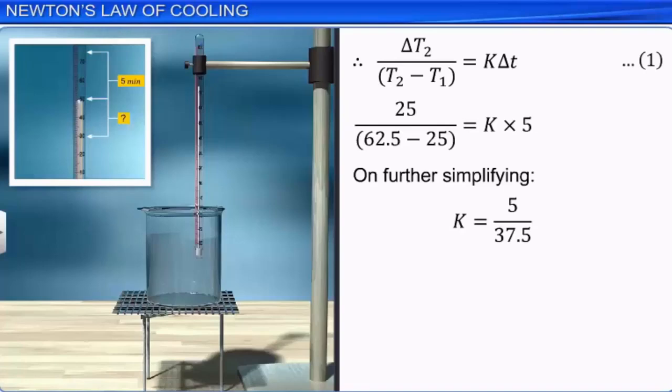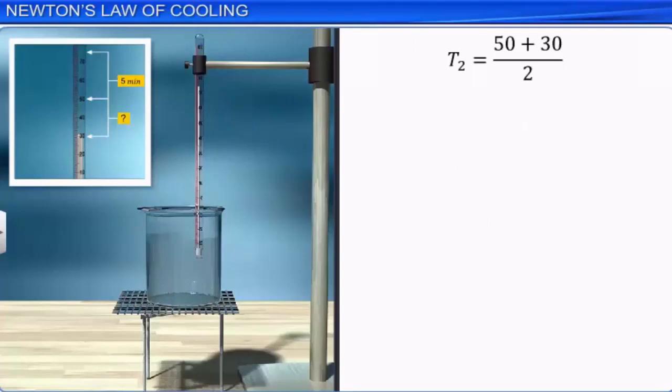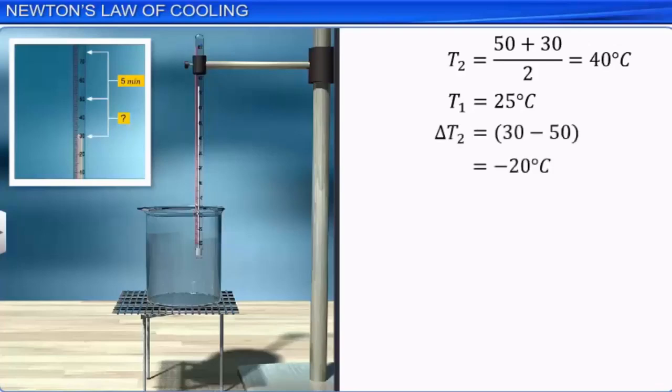Now, the values to calculate the time for the water to cool from 50 degrees Celsius to 30 degrees Celsius are the average of 50 degrees Celsius and 30 degrees Celsius, which is 40 degrees Celsius, and hence T2 is equal to 40 degrees Celsius. T1 is equal to 25 degrees Celsius. Delta T2 is equal to minus 20 degrees Celsius. Minus delta T2 is equal to 20 degrees Celsius. We need to find the value of T.